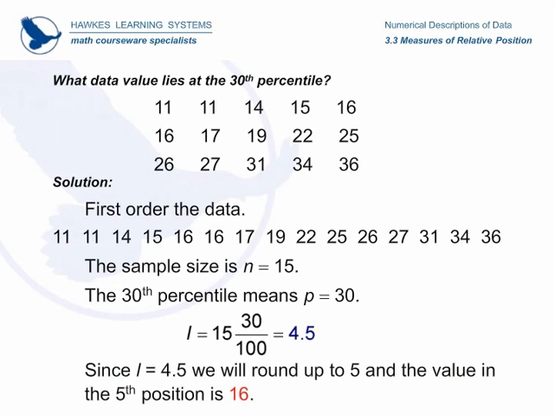If we take a look at our ordered data and we count 5 places, we would have 11, 11, 14, 15, 16. 16 is in our 5th position, so we know now we've found the data value that lies at the 30th percentile, and that would be the number 16. That data value, 16, would lie at the 30th percentile of our data.